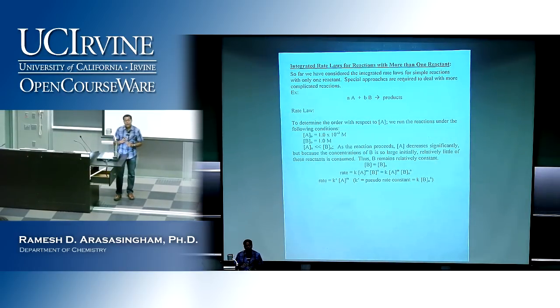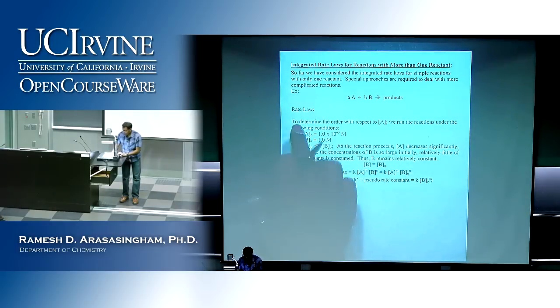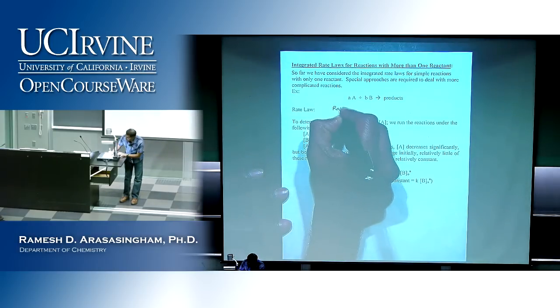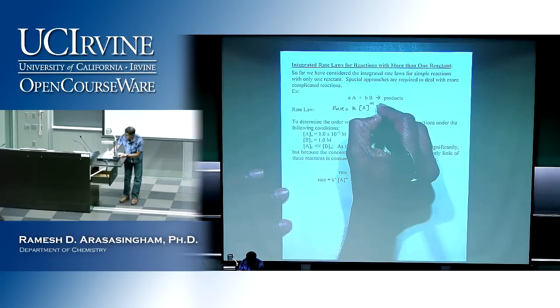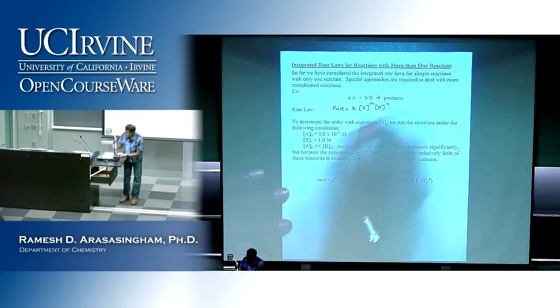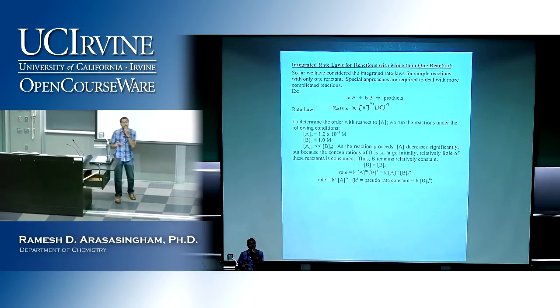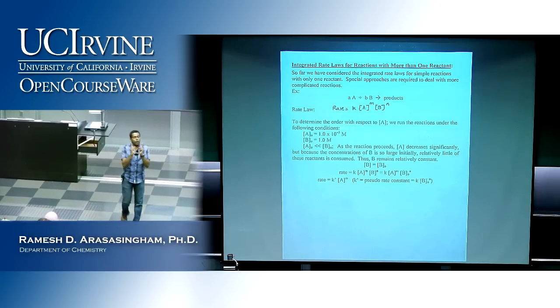Now we're looking at two reactants, and if I want to write the rate law, as all of you can see, rate equals k[A]^m[B]^n. Now we have to design this in a special way so that we can look at the rate law of one at a time.